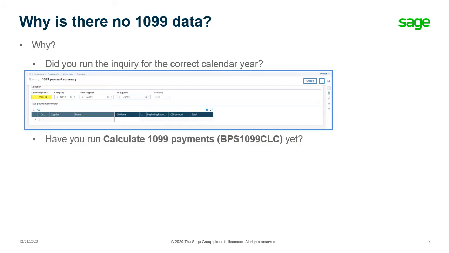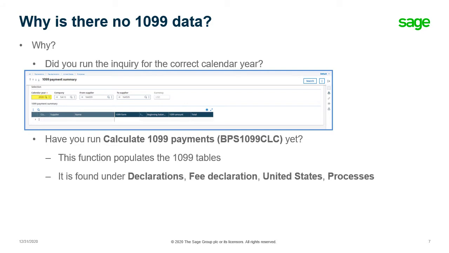Have you run the Calculate 1099 Payments yet? Now this function populates the 1099 tables, and until you run it, there's no data for 1099s. It's found under Declarations, Fee Declaration, United States, Processes. So let's go run the Calculate 1099 Payments.